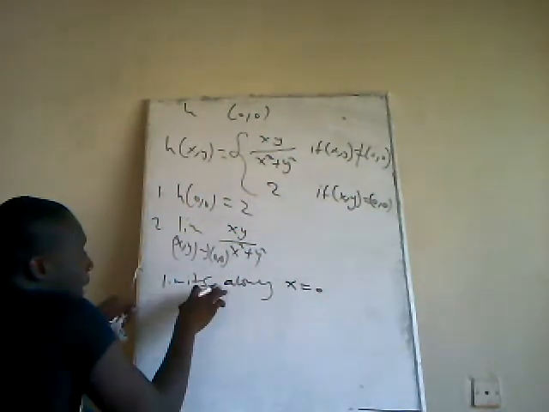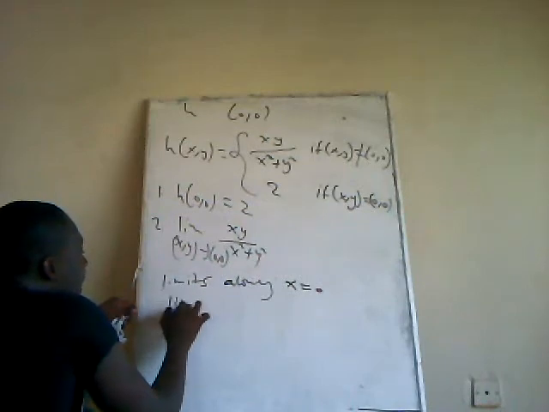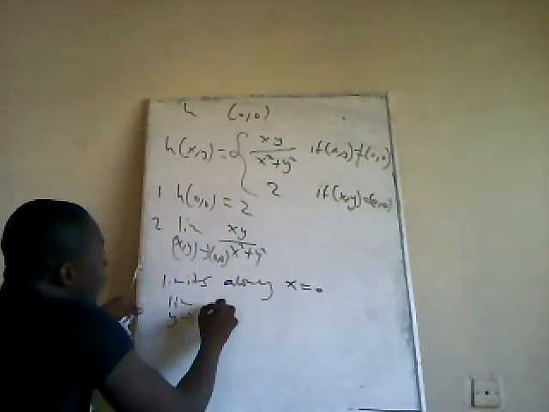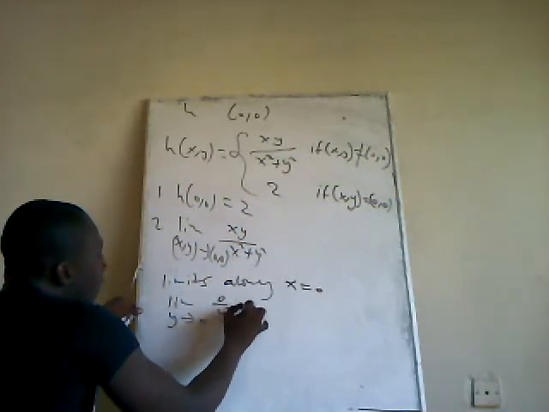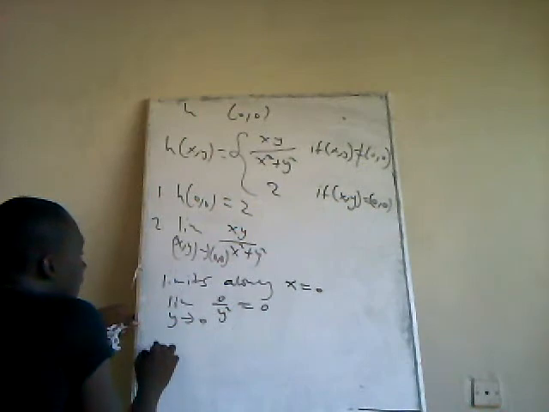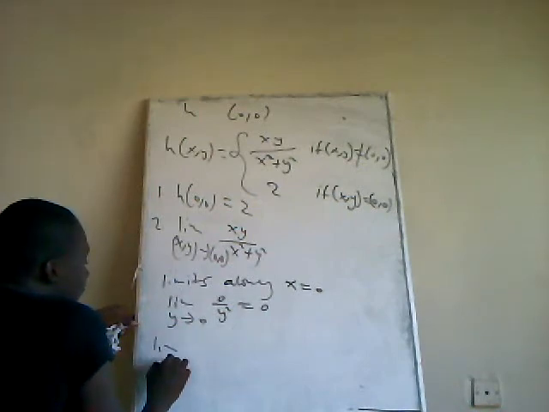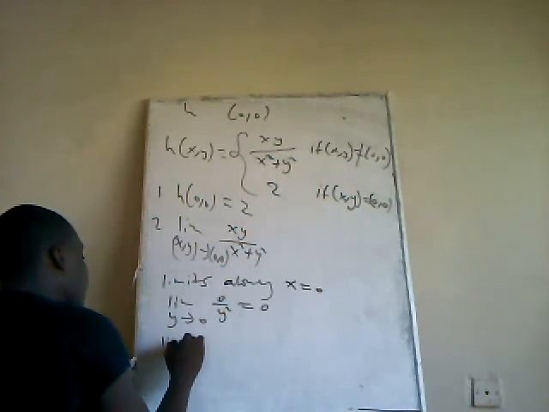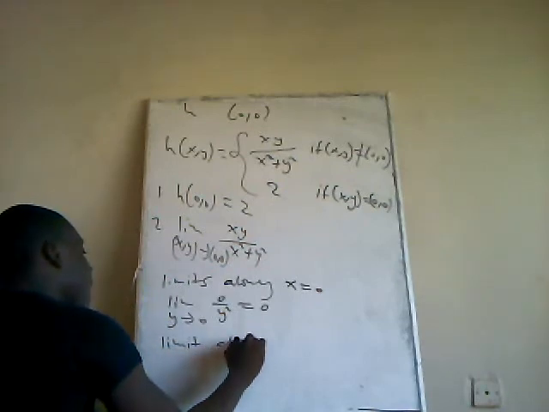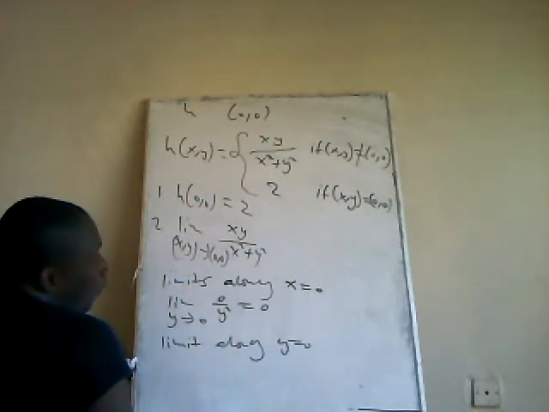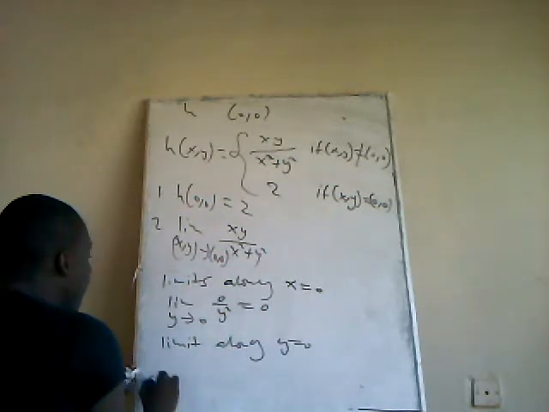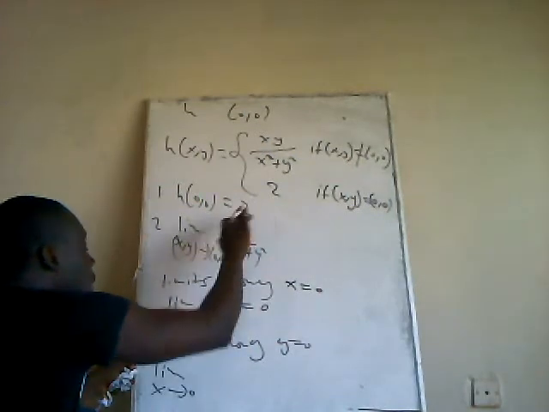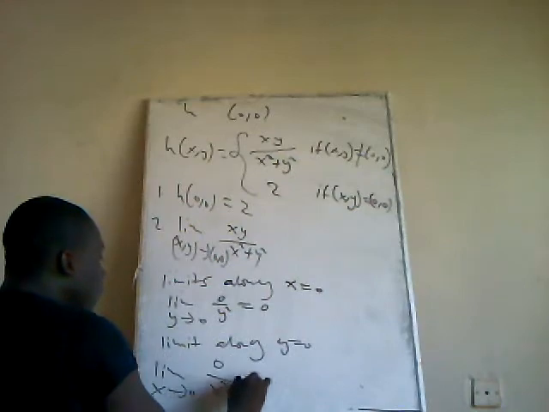If x is 0, then I have the limit as y goes to 0 of 0 over y squared, which is equal to 0. And I find limits along y equals 0. If y is 0, then the limit as x goes to 0 is 0 over x squared, which is also equal to 0.